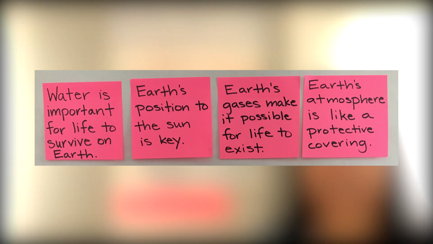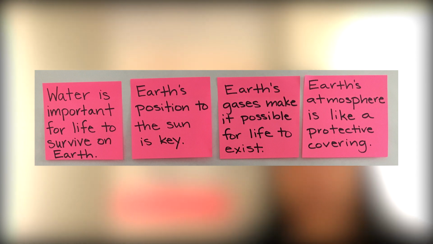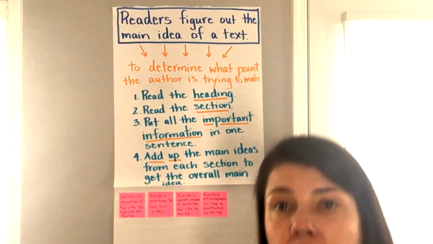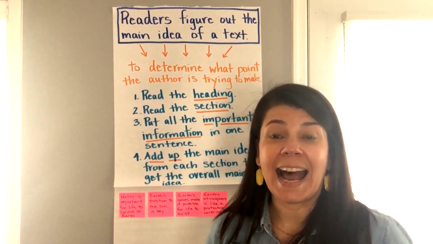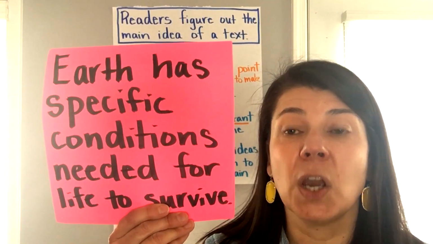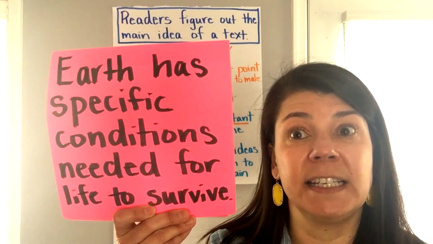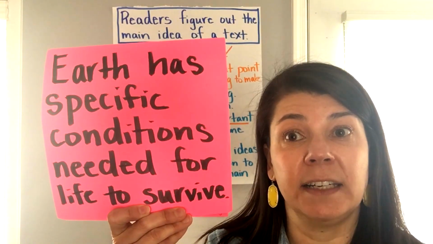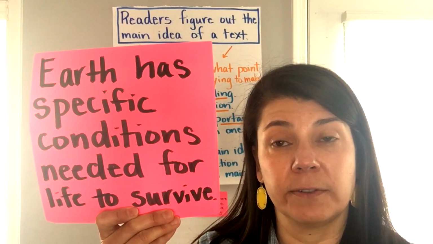Earth's position to the sun is key. Earth's gases make it possible for life to exist. And Earth's atmosphere is like a protective covering. Okay, so with all of that, I came up with a main idea statement. Earth has specific conditions needed for life to survive.